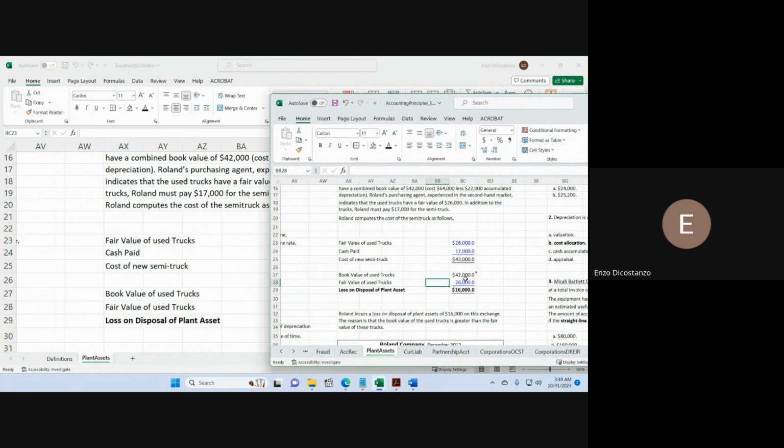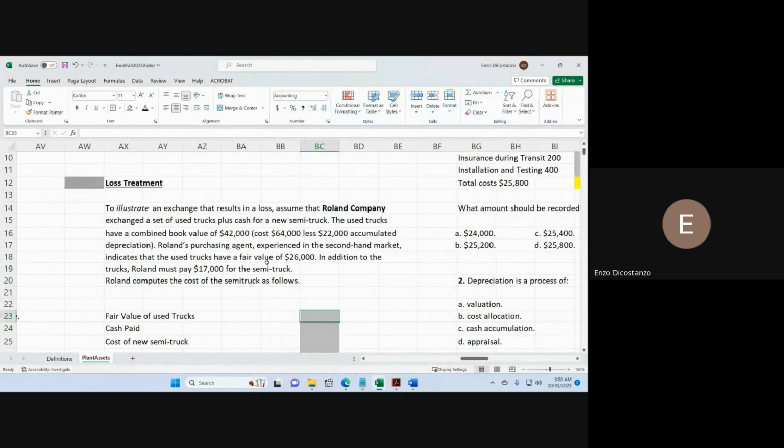So what happened? The fair value out in the market is 26,000.